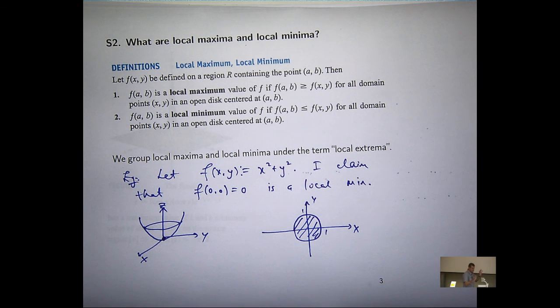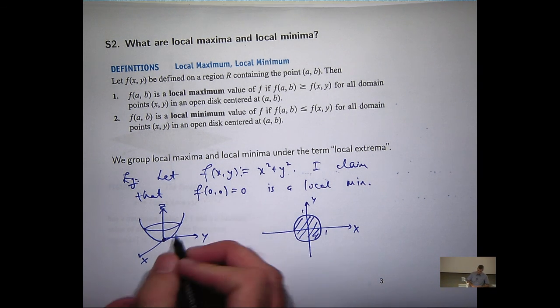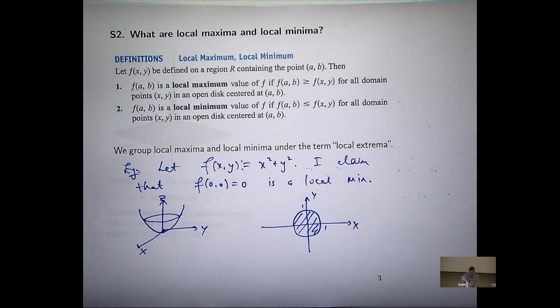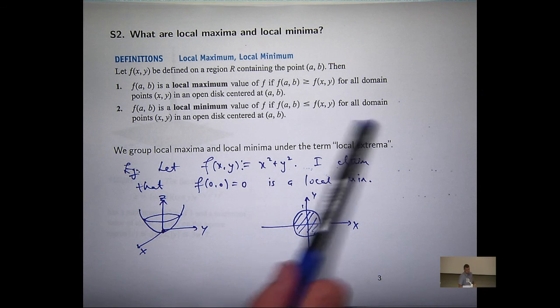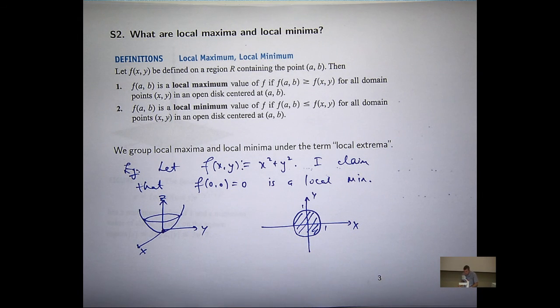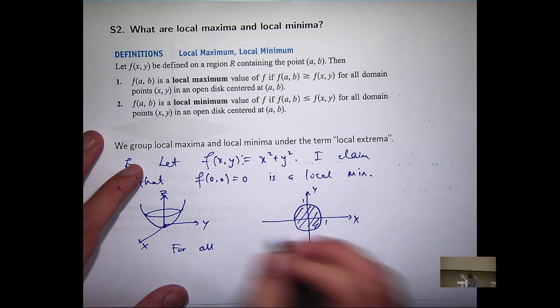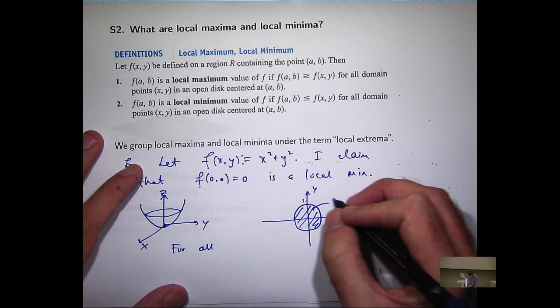Now, for all points within this disk, so think of it sort of as lying down here in the xy plane, for all points in that disk, f is always greater than or equal to 0. That means that this is satisfied. Okay? So let's call this D or something for disk.